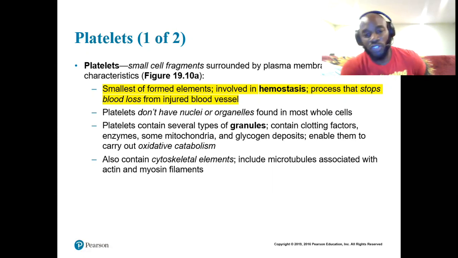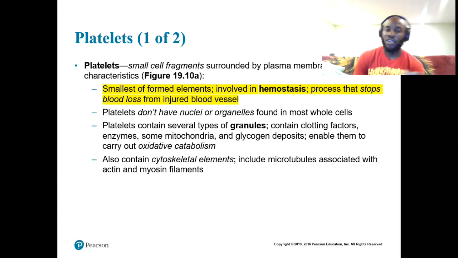They do have several types of granules, which we noticed from the leukocytes: granules in the cytoplasm that we can dye and that take a specific color. Remember those? So don't forget those from the last section.